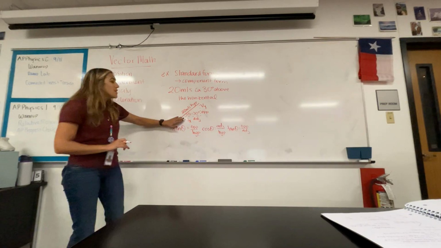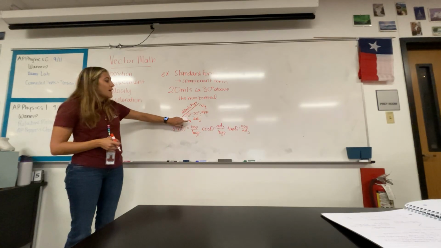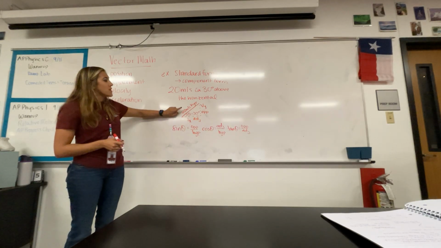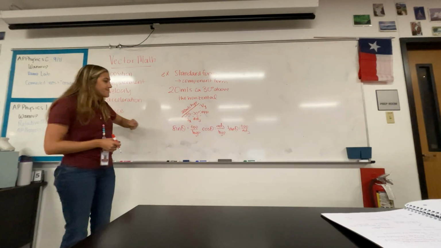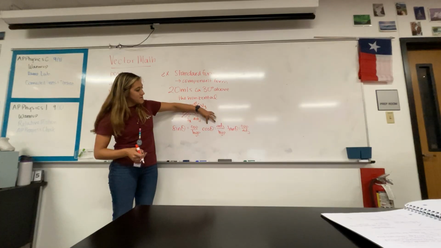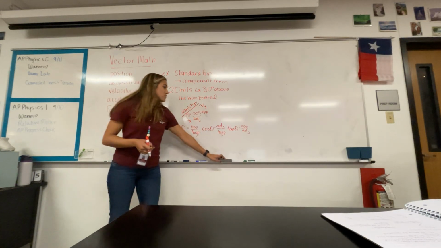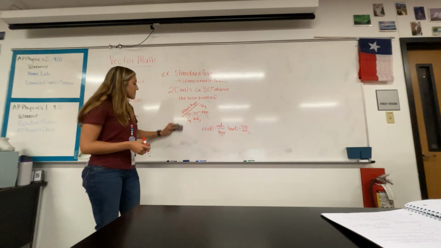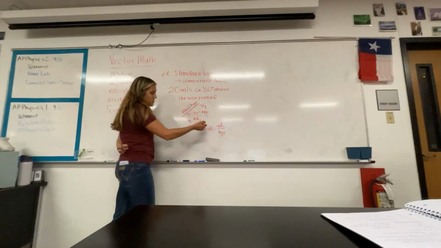So if I want to find the horizontal component, I think, okay, I have the adjacent side and I know the hypotenuse. That means I'm not going to use sine, and I'm not going to use tangent. I'm going to use cosine because it has adjacent and hypotenuse. Then I'm going to solve this.